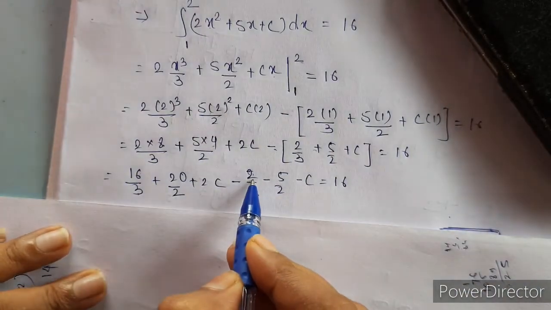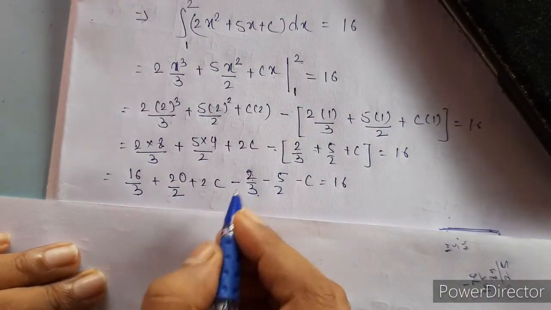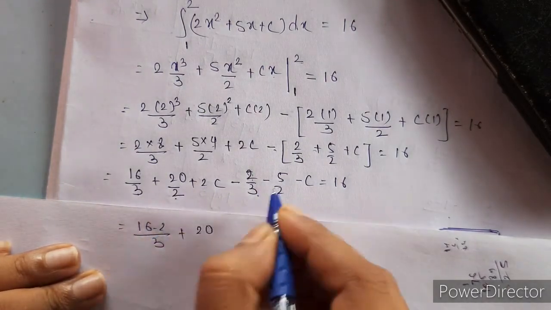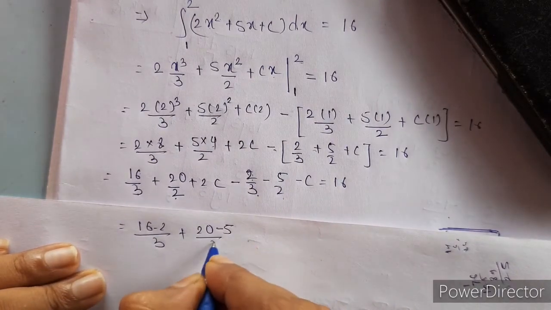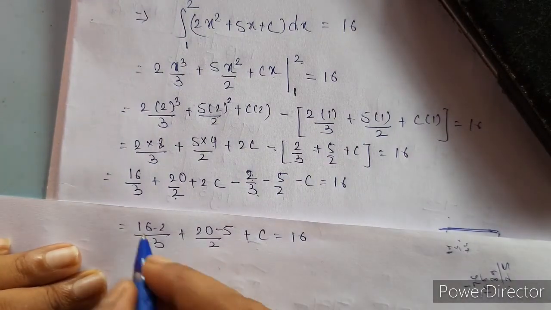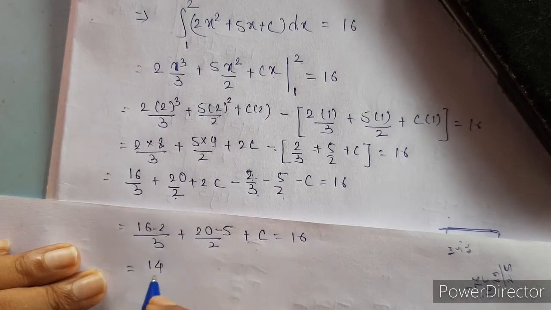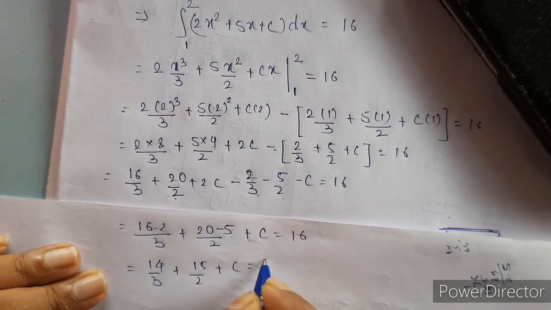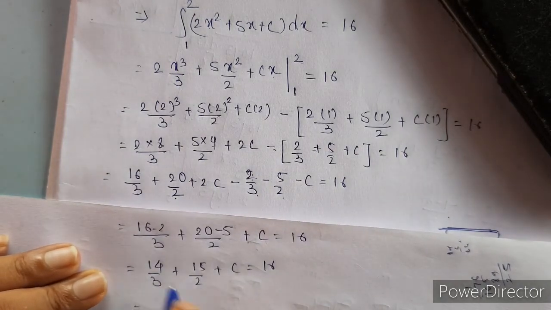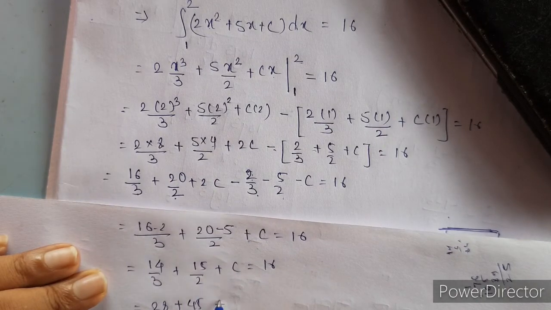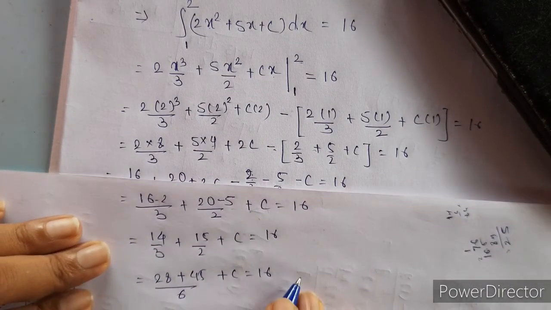So 16 minus 2 by 3 plus 20 by 2 minus 5 by 2 plus 2c minus c is c, which is given as 16. So 16 minus 2 is 14 by 3 plus 20 minus 5, 15 by 2 plus c, which is equal to 16. Let's take the LCM of this: 14 into 2, 28 plus 15 into 3, 45 by 6 plus c equals 16, right?